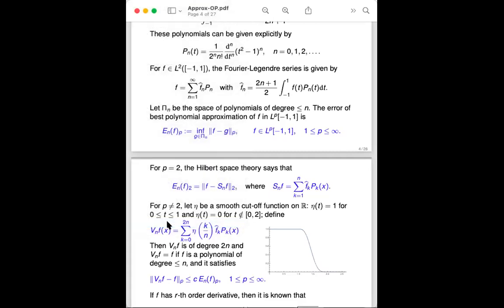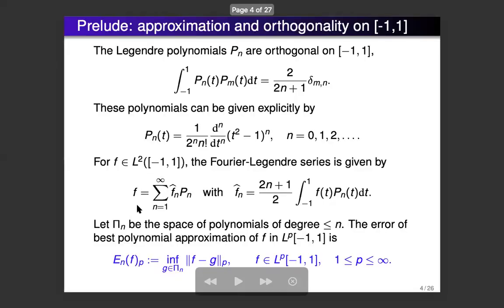Full screen again, sorry. I'm now looking at the Legendre polynomials, which are orthogonal on [-1,1]. The weight function is 1, so it's the simplest case, dx. We know this orthogonal polynomial satisfies the integral of P_n squared equals 2 over 2n plus 1 times delta_nm. For these polynomials, you don't have to run Gram-Schmidt; in this case it's simple and you can write them down explicitly.